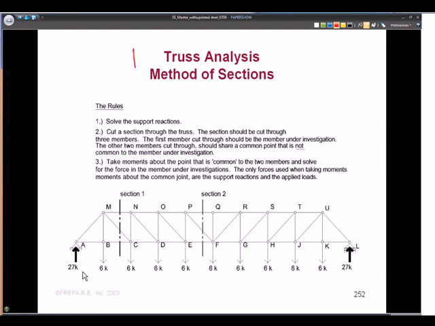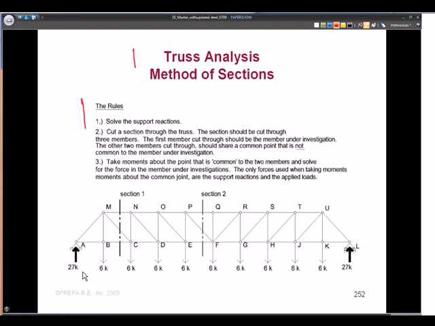Well, we always start with solve the support reactions. Either the method of joints or the method of sections, we need to do that. And this is going to be a time saver for you on the exam. It's not going to be such a complex problem, I would assume, that you need to use this and have a 30-minute problem on it.